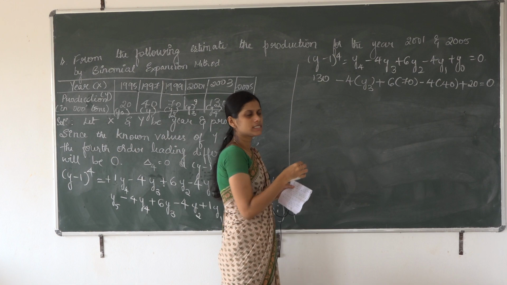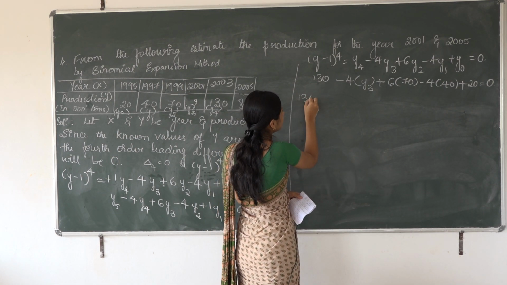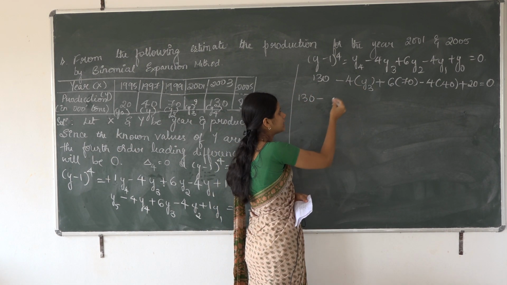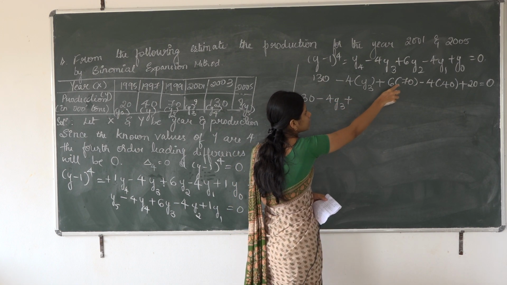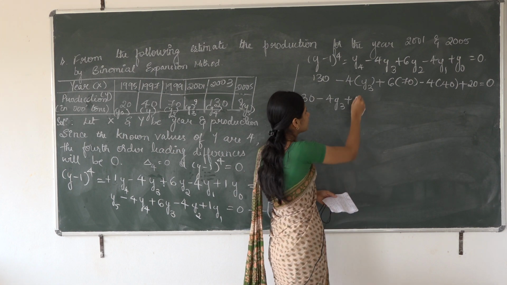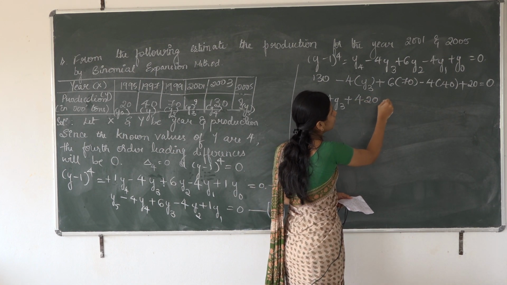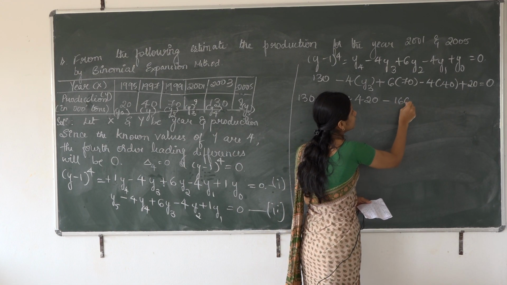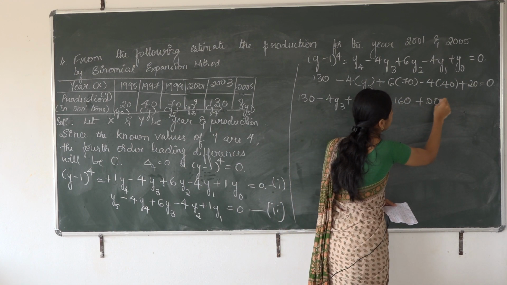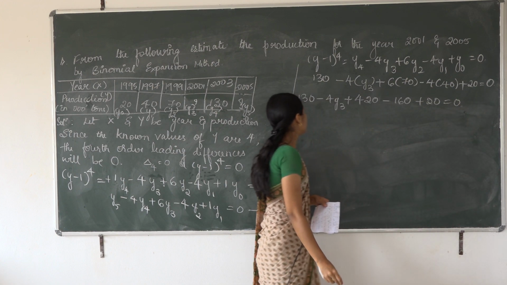Now we will solve this equation. 130 minus 4 into y3 will be minus 4y3 plus 6 into 70, 420, minus 4 into 40, 160, plus 20 is equal to 0.